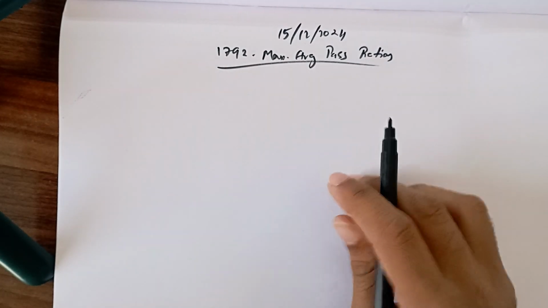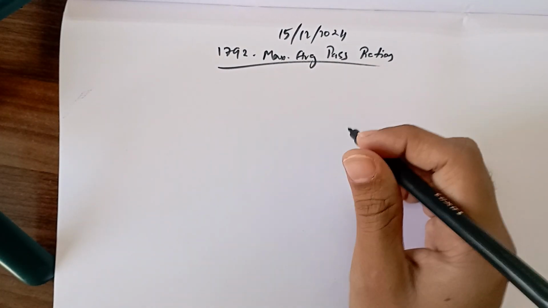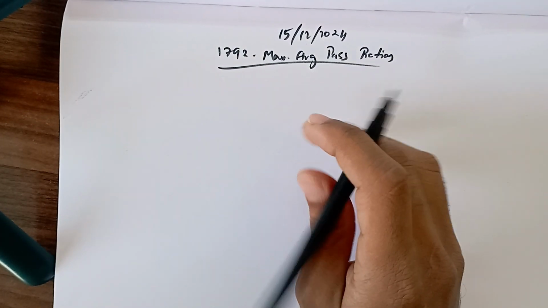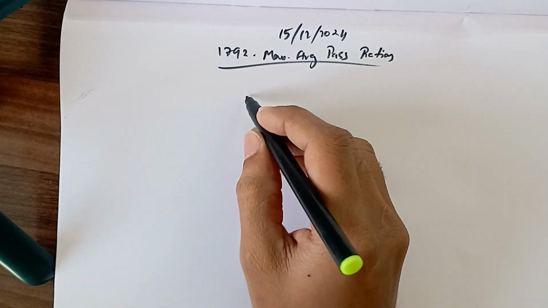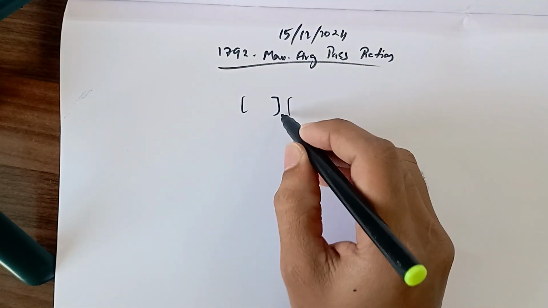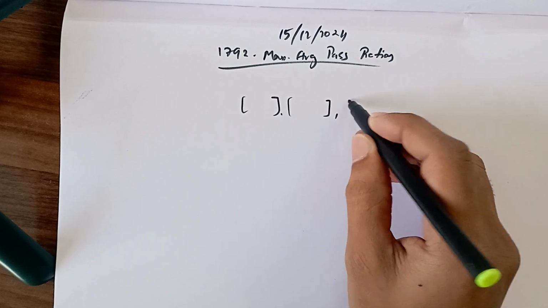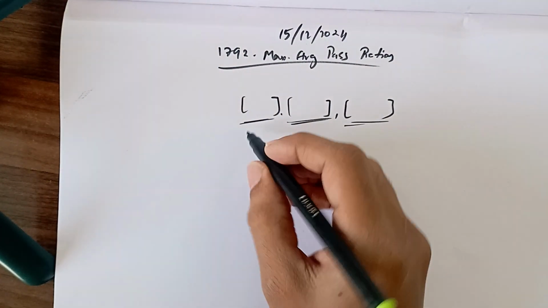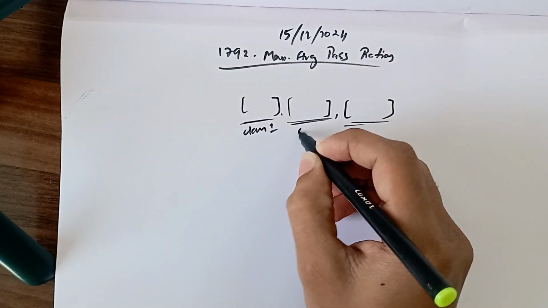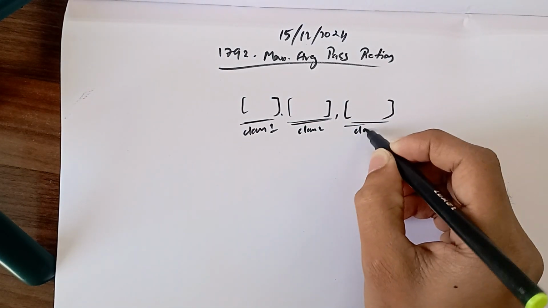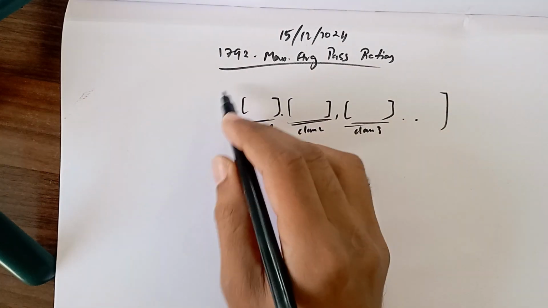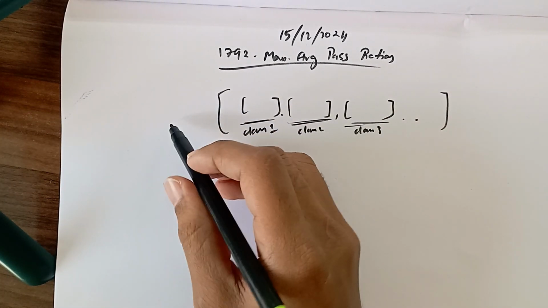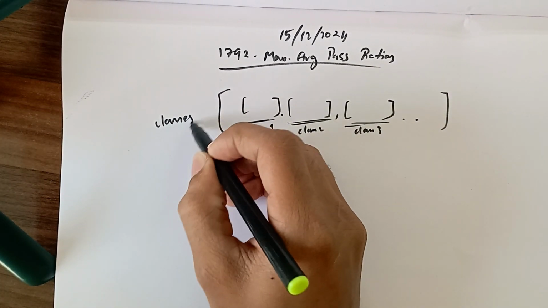Now, in the question we are given a school that has classes of students, and we are given this school as a 2D array, where each row represents class 1, class 2, class 3, and so on. So these are given in the 2D array classes.